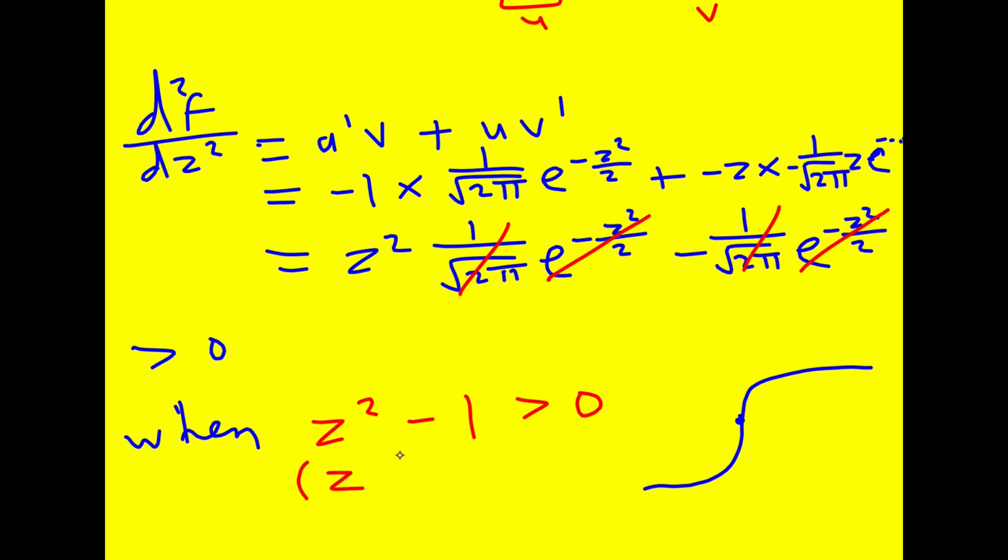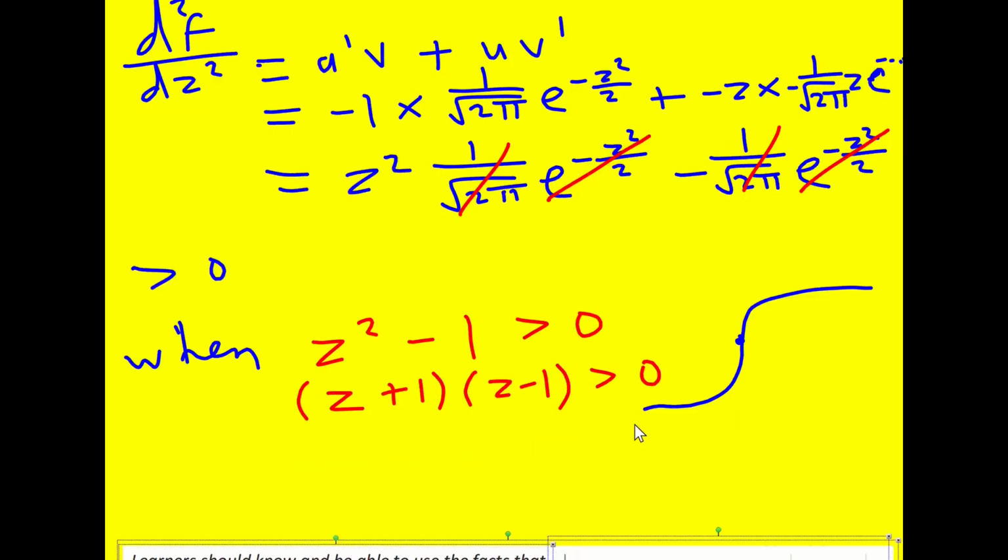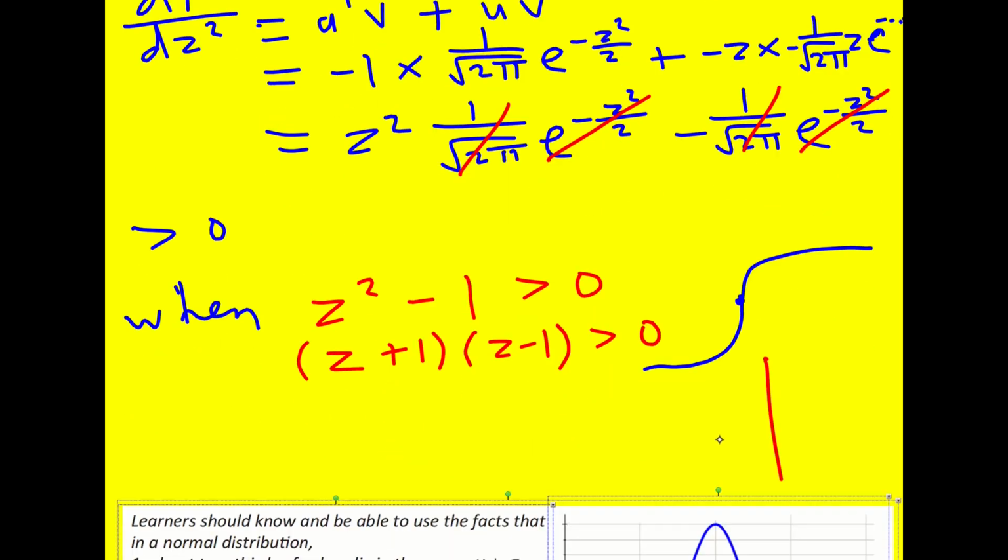And that's going to give me z plus 1, z minus 1 greater than 0. And my quadratic is going to look as such. I've got a root at minus 1 and one at 1. Where is it greater than 0? z is less than minus 1, or z is greater than 1.